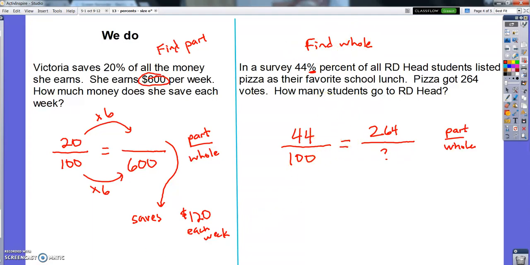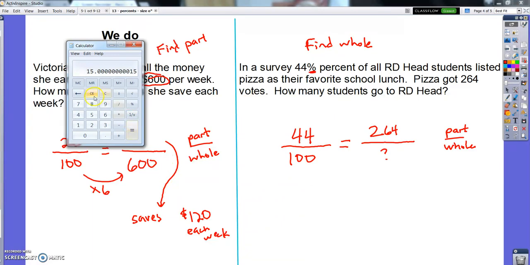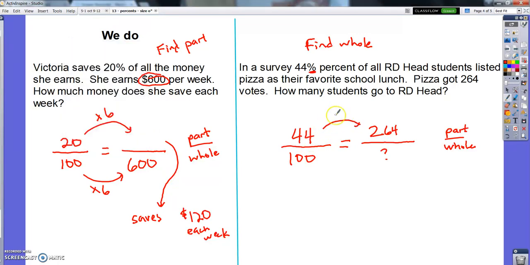So let's see, how do I get from 44 to 264? Multiplied by 6. So I'm going to multiply this by 6, and that is pretty much right, 600 students are at the school.